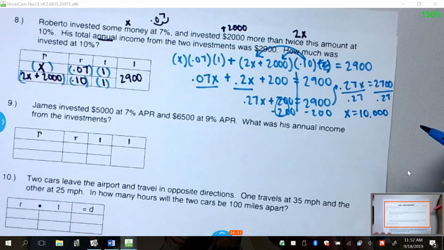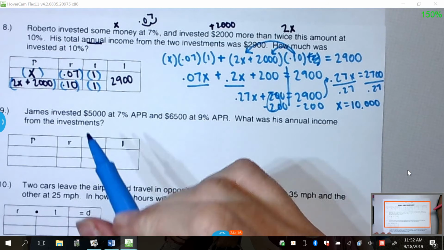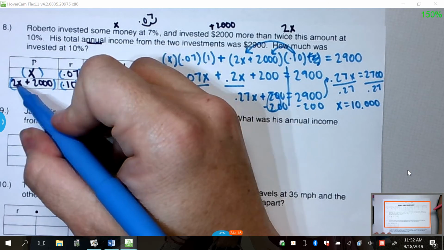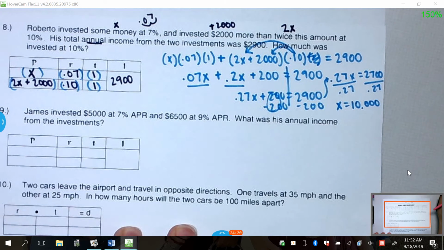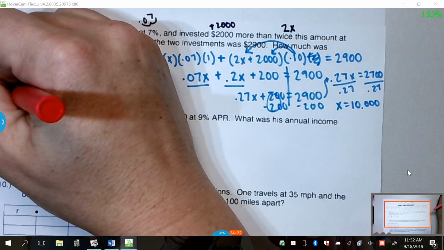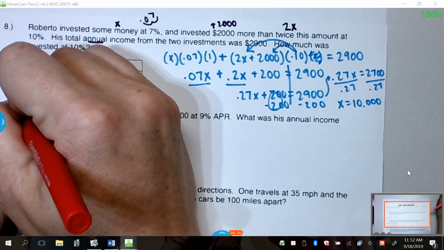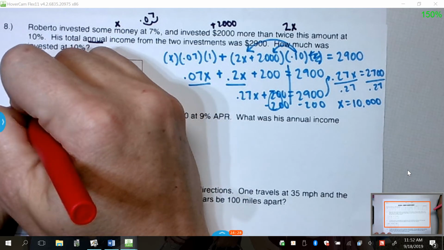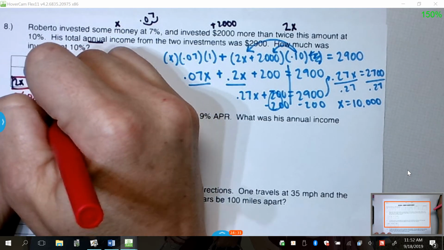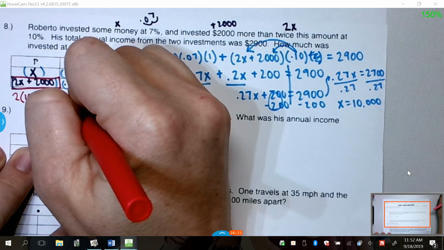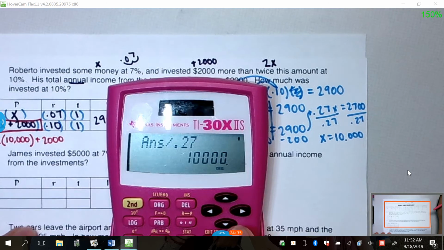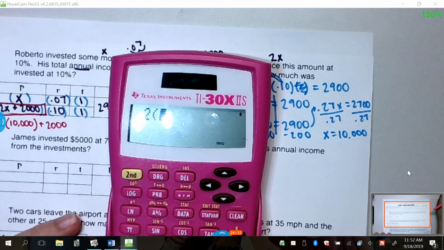Okay, so let's see. How much was invested at 10%? We want to figure out this number. So our final answer is going to be plugging our x into this. I need to do 2 times x, which is 10,000, plus 2,000. This is something you can type straight in your calculator.